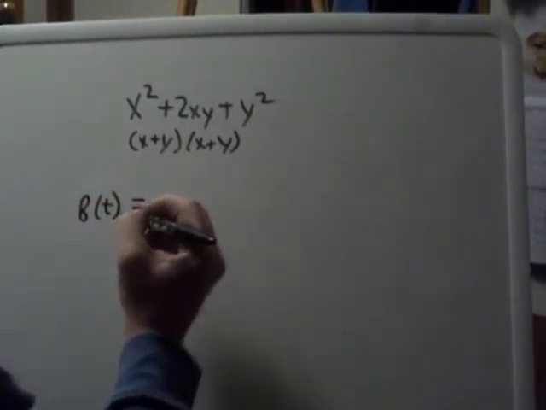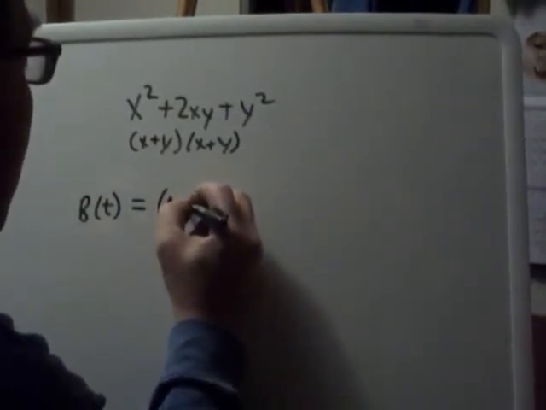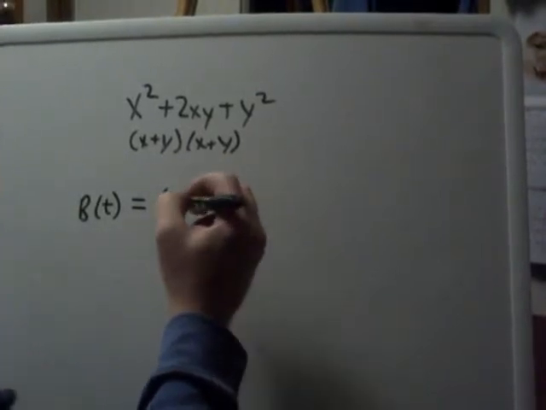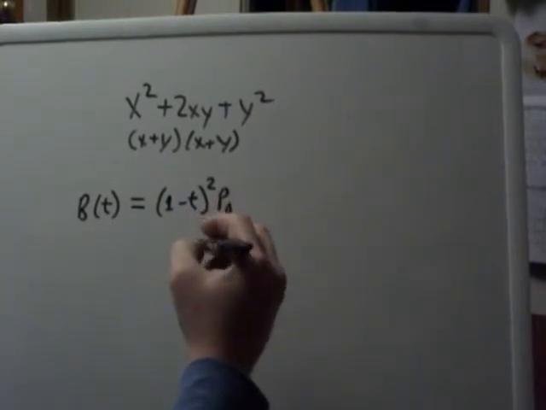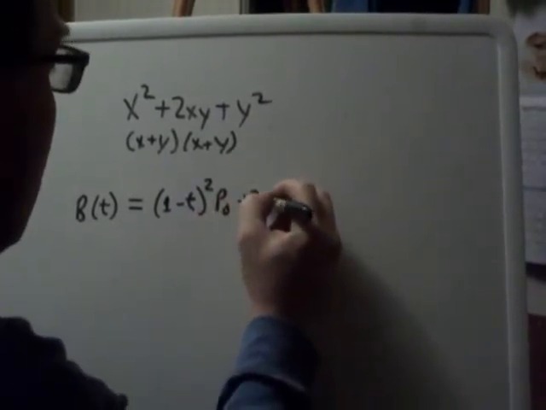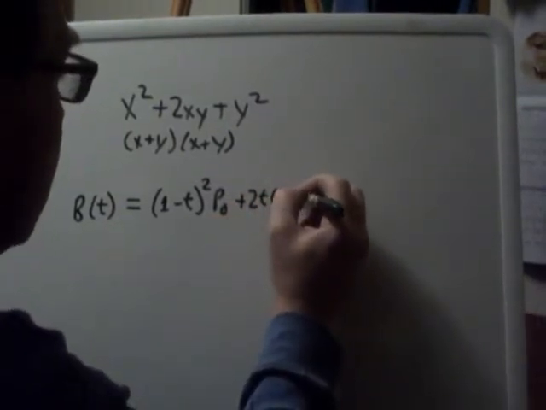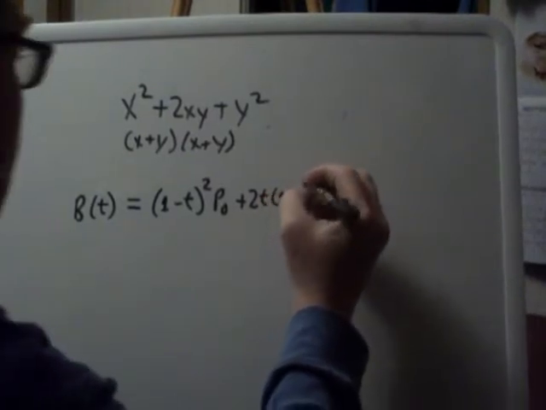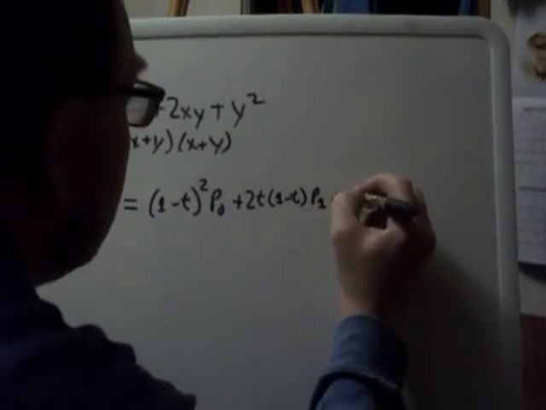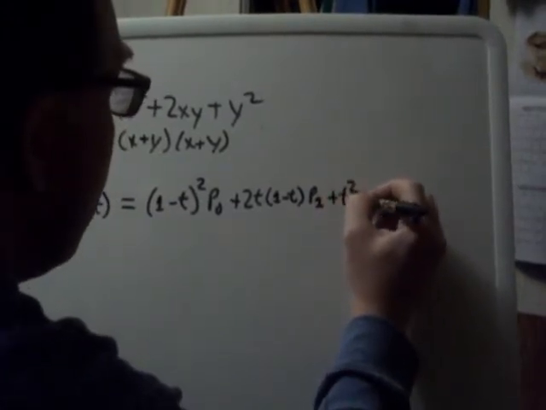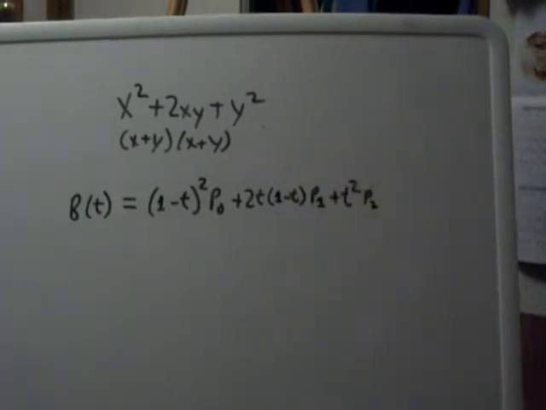And it's going to be equal to the following. 1 minus t squared P0 plus 2t times 1 minus t P1 plus t squared P2. Okay.